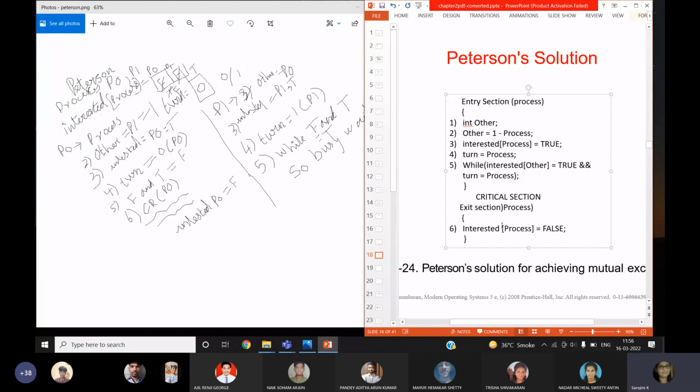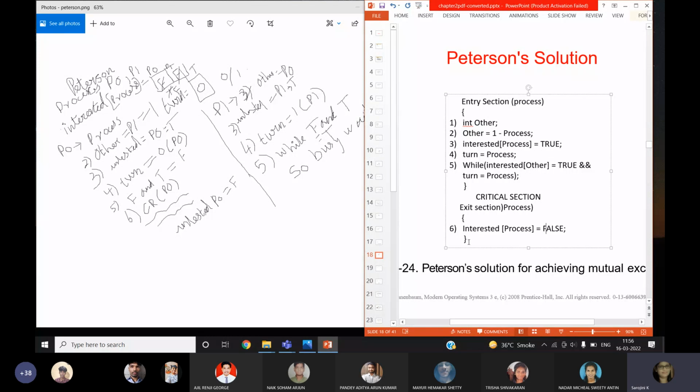Okay. But then what is the advantage of Peterson solution over strict alternation? Strict alternation needed different algorithms for different processes. But Peterson solution reduced that. That means it overcame that disadvantage. It made a single program, that means a single algorithm, which will be used by all the processes which want to use the critical section.